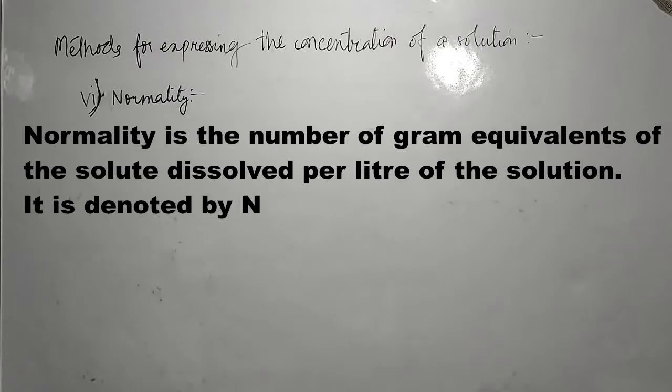The sixth one is the normality. It is the number of gram equivalents of the solute dissolved per liter of the solution.